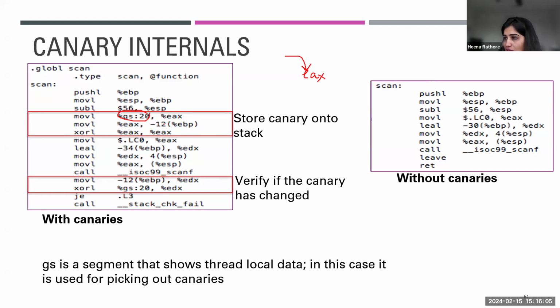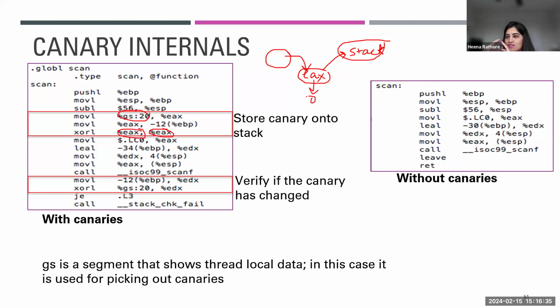After that, you move the content of this EAX to your stack. So this is your stack, and you move the content copied from this arbitrary location to this stack location. After this, you XOR the content of EAX with itself, which means this would be 0.